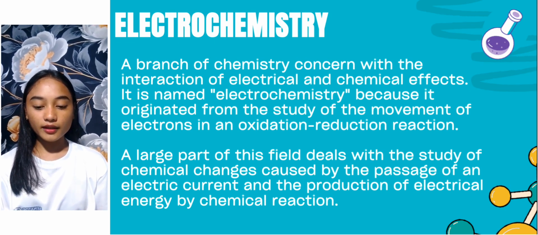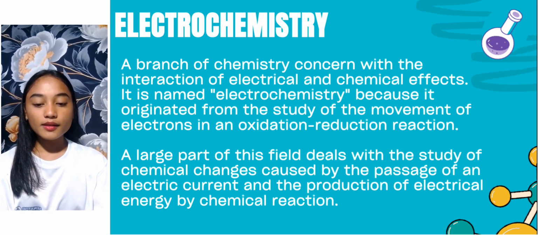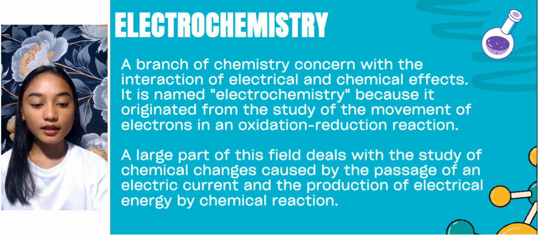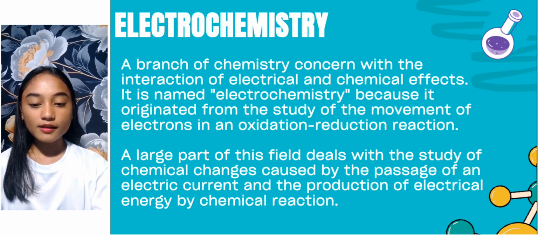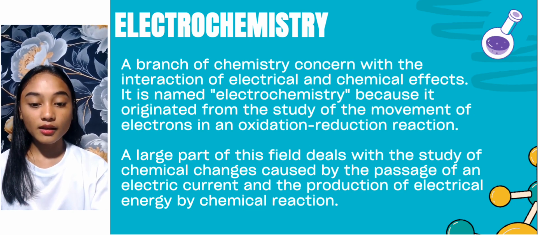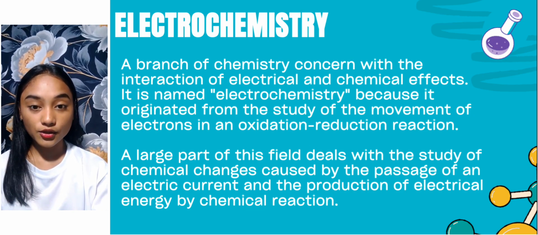Now, let's define electrochemistry. It is a branch of chemistry concerned with the interaction of electrical and chemical effects. It is named electrochemistry because it originated from the study of the movement of electrons in an oxidation-reduction reaction.